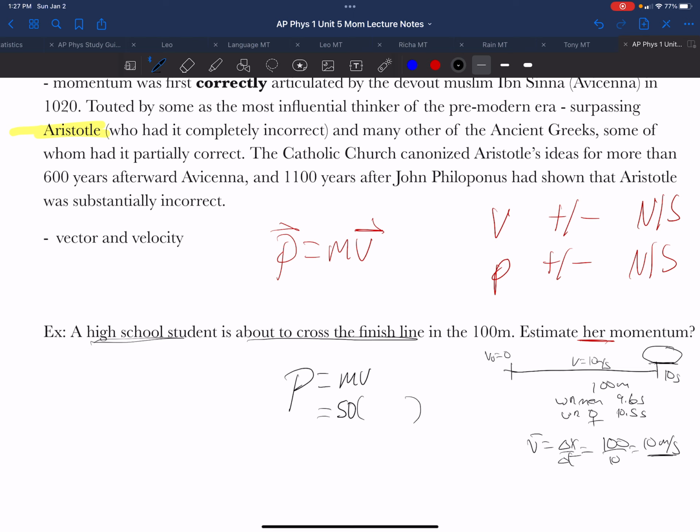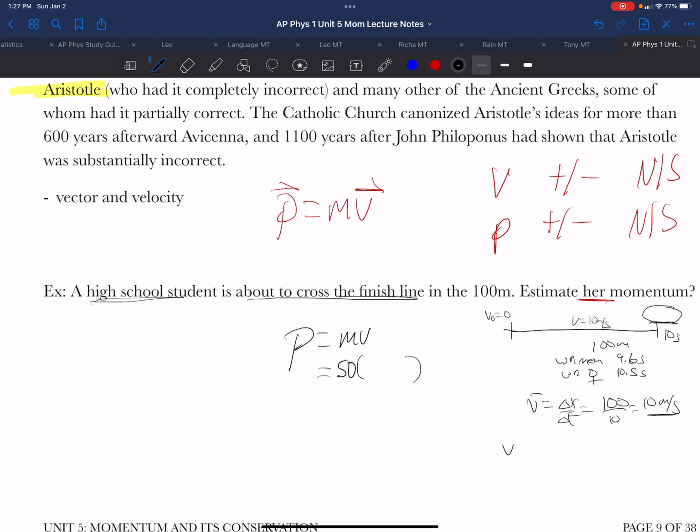Now, if we assume that she accelerates evenly the entire time, then we could use this, (v plus v0) over 2, and then we would know that she started out with a 0 velocity, then the final velocity might be 2 v-bar, or 20 meters per second. Turns out it's not really reasonable to assume she accelerated the entire time.